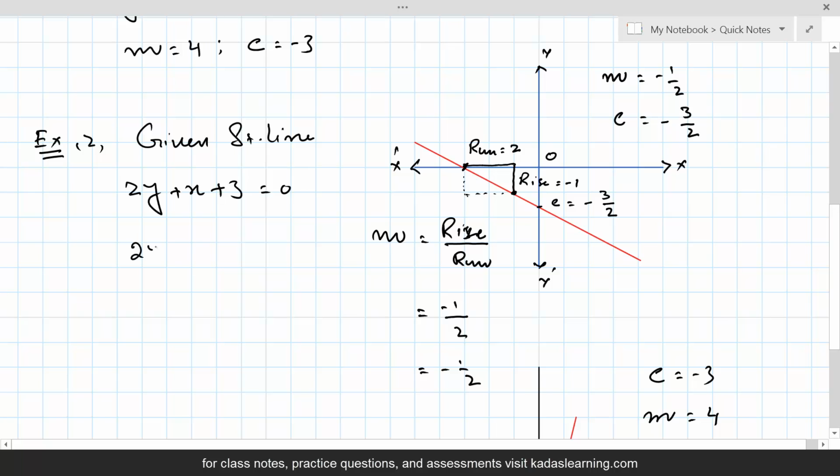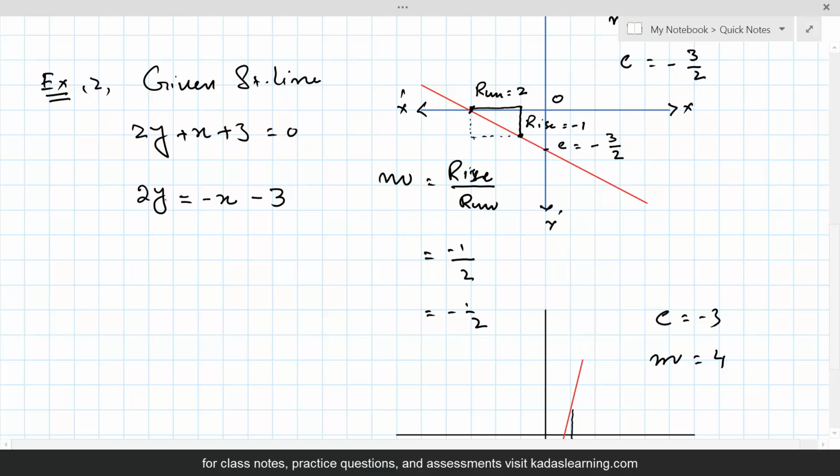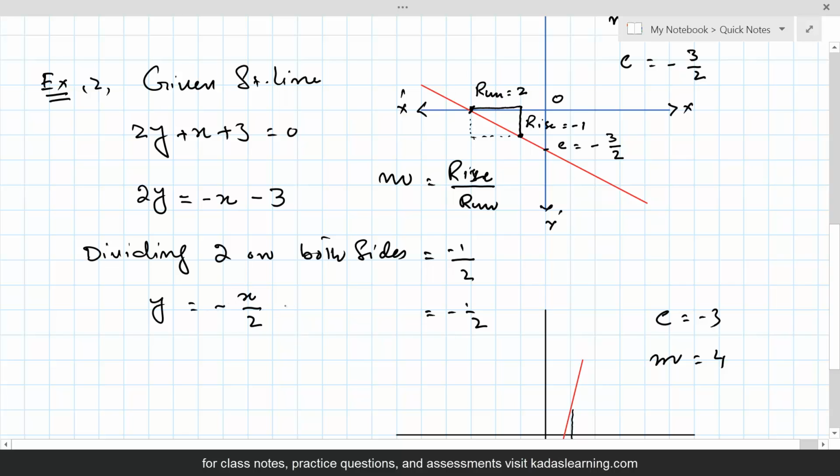So first we are going to move x and 3. That will give us -x and -3 on right side. And then we are going to divide both sides by 2. We get y equal to -x over 2 minus 3 over 2.